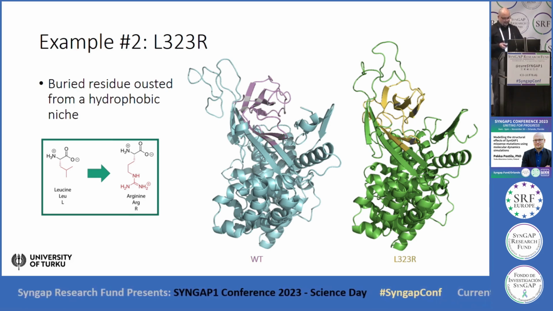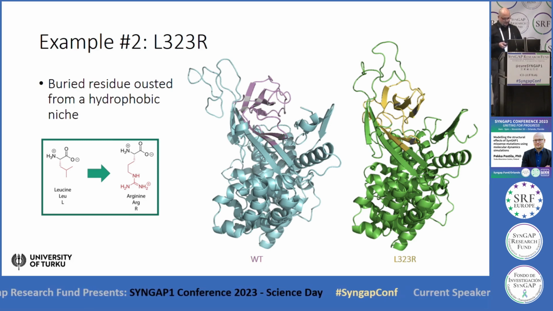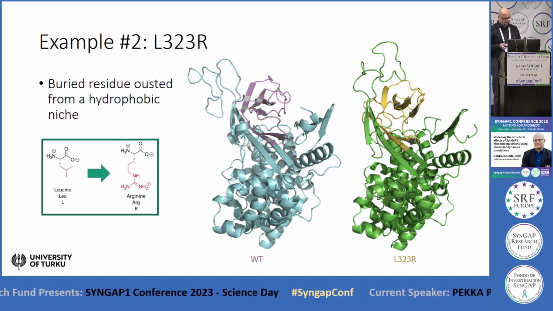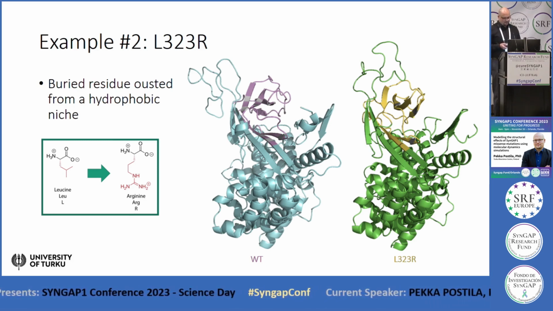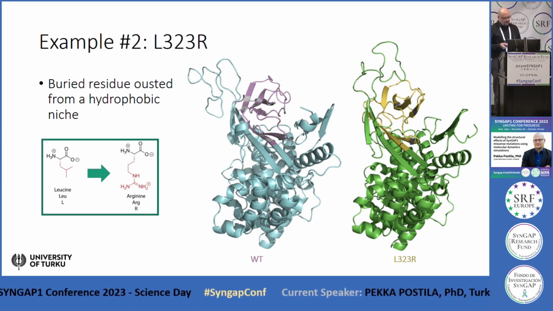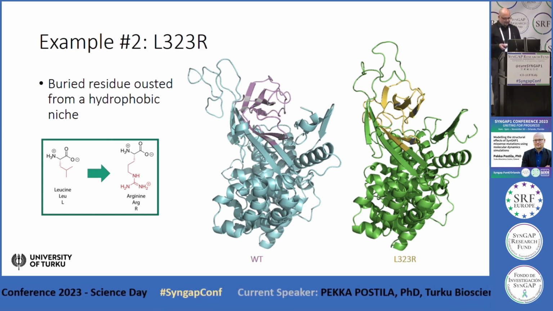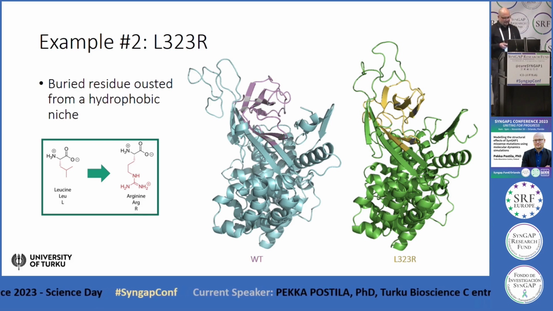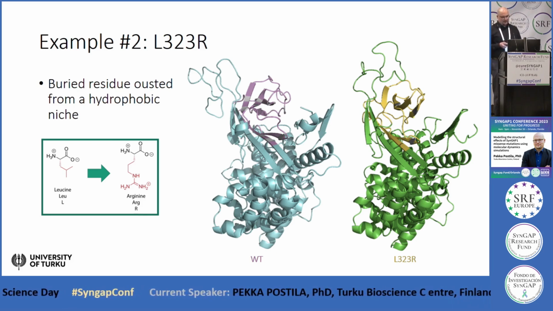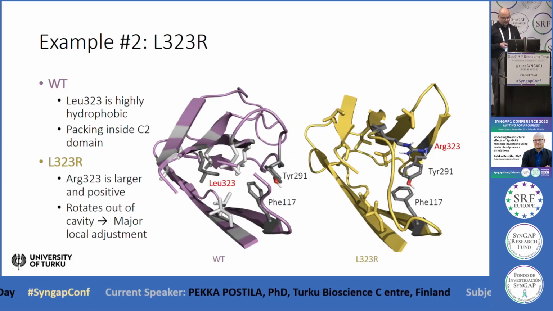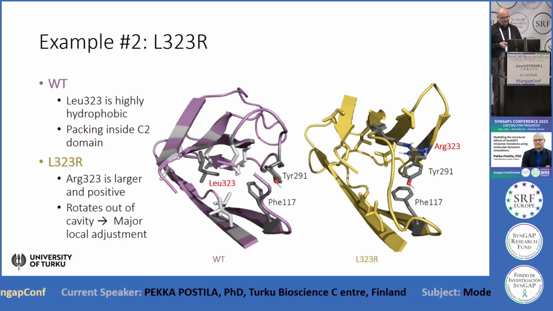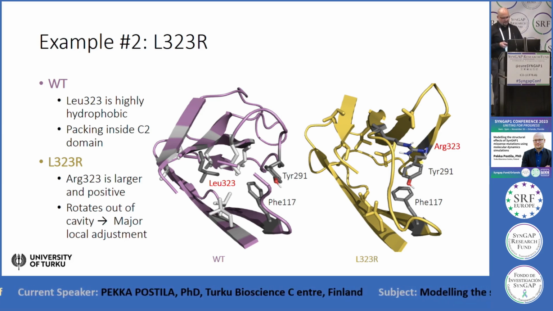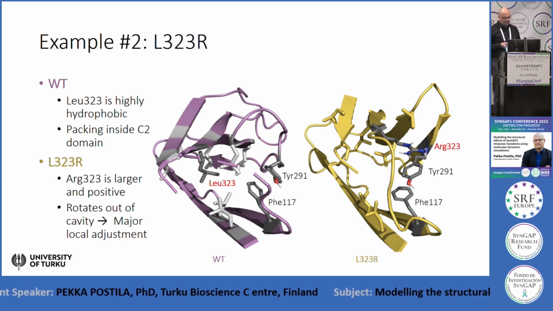And there's actually plenty of these types of mutants or variants that are known. Another example is actually the same residue, which is swapped for arginine in this case. So the side chain is actually buried in a hydrophobic sort of niche in the protein. And when it's exchanged to arginine, it introduces a positive charge, or residue, inside the protein.